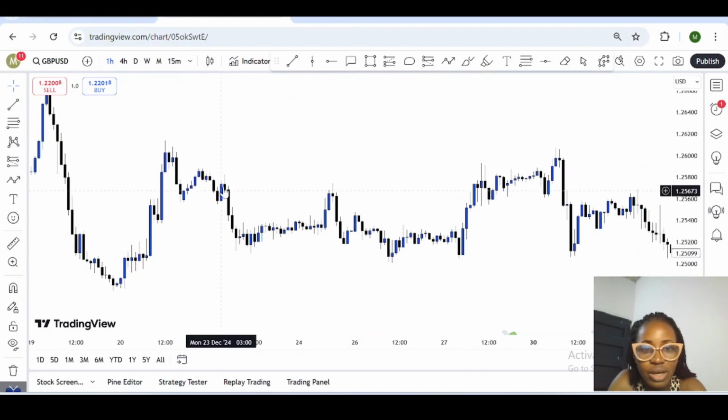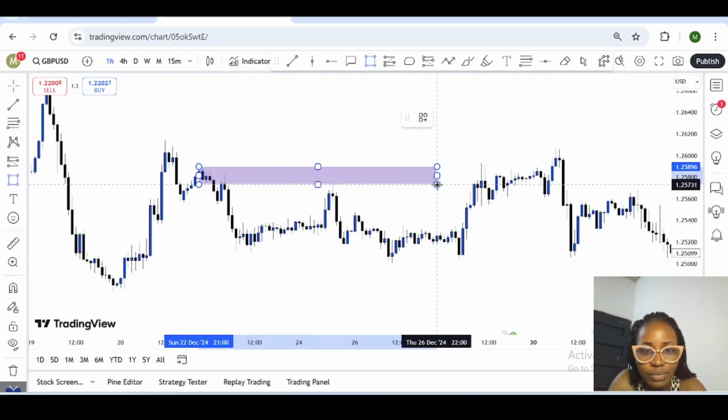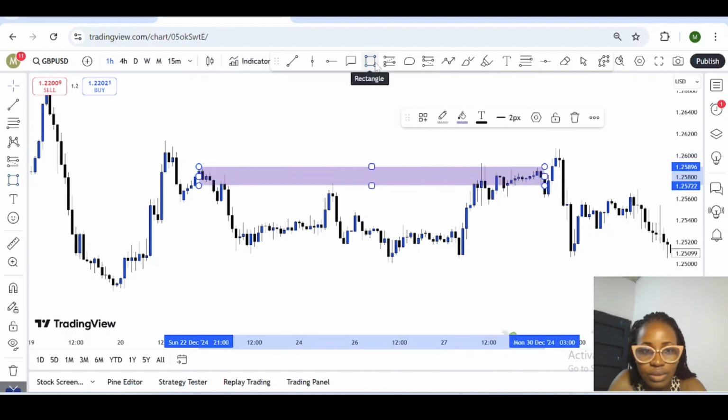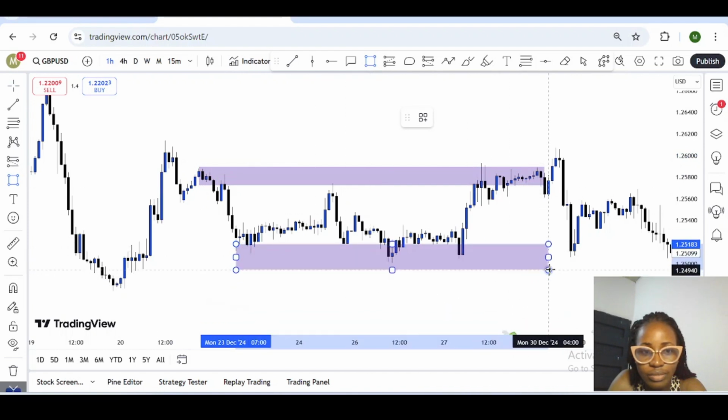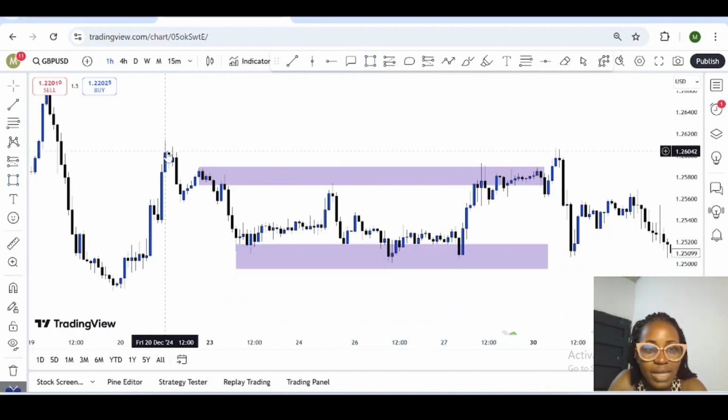Okay, you can see here, this is the support and resistance level. Let's start from here. This one and this one here. So first of all, the market acted as if it was going to push lower here, right?